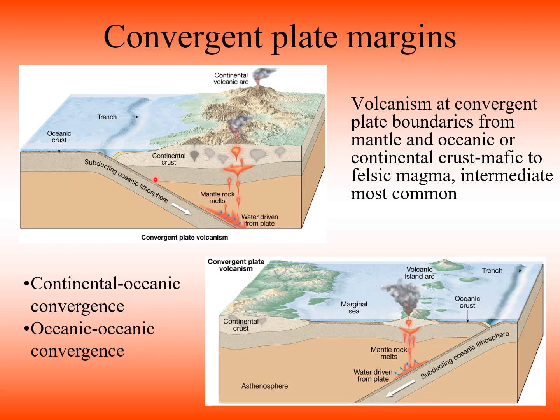And at convergent boundaries, you have mantle and oceanic or continental crust, so you can get a mixture of mafic and felsic magmas. Intermediate is most common, some mix between the two, because those felsic magmas and those mafic magmas are mixing together.